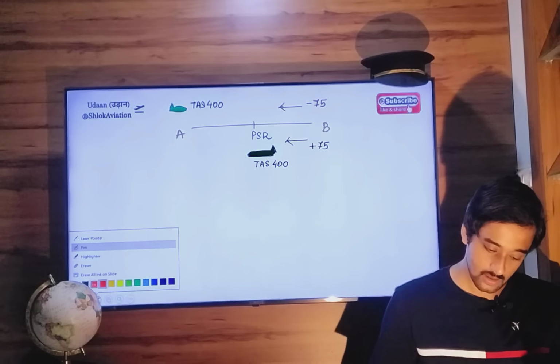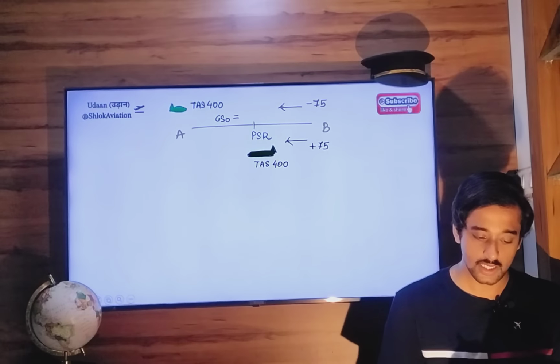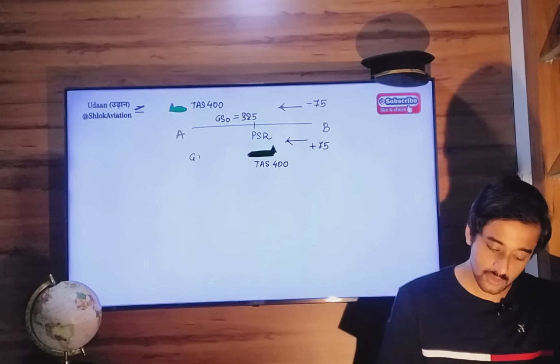So outbound ground speed will be 400 minus 75, 325. Homebound ground speed will be 475.